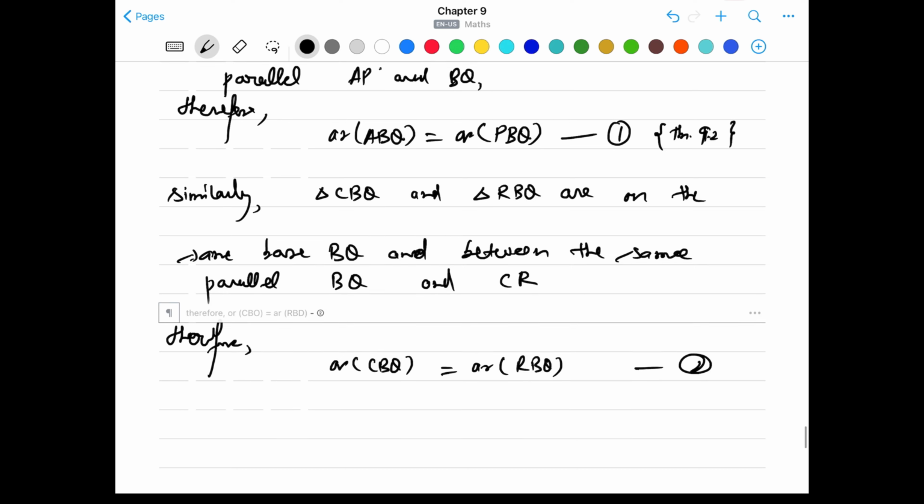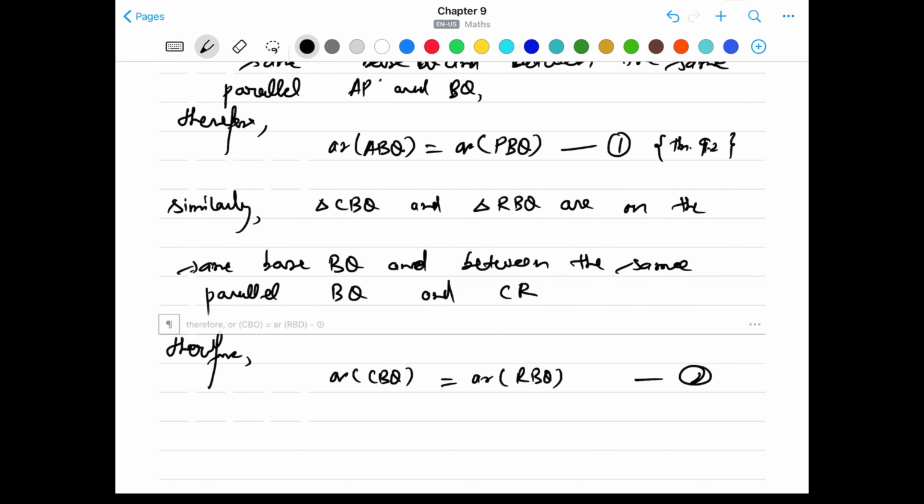So now what we are going to do is add the two equations, that is equation 1 to equation number 2, that is the area of triangle ABQ will be added to the area of triangle CBQ, and in a similar way the area of triangle PBQ will be added to the area of triangle RBQ.